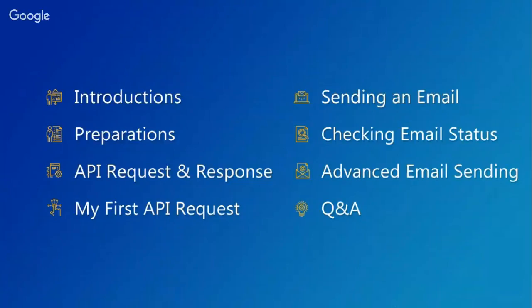Also, we'll check some email status and show you that sending email is not as simple as it looks because it has a lot of great options. As the last thing, we will have some Q&A. If you have any questions during this tutorial, just write them down in chat.